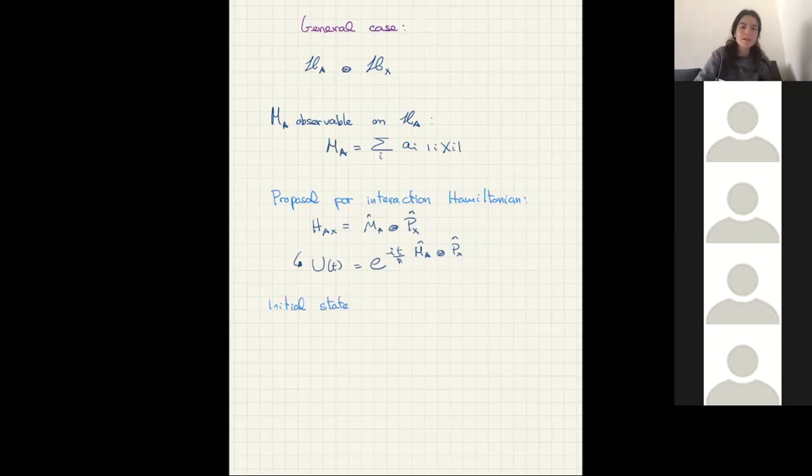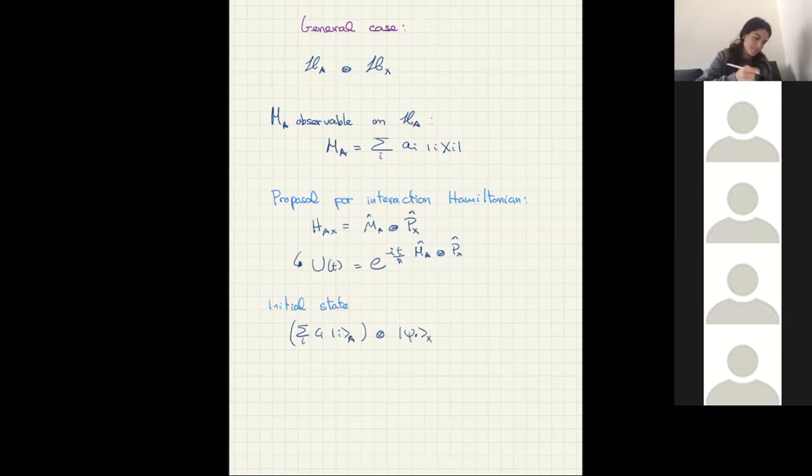So we want the initial state to be something like this one. So these are coefficients Ci. So any state on the system to be measured, we can just expand it in the same basis as the observable, tensor some F0 of the pointer.